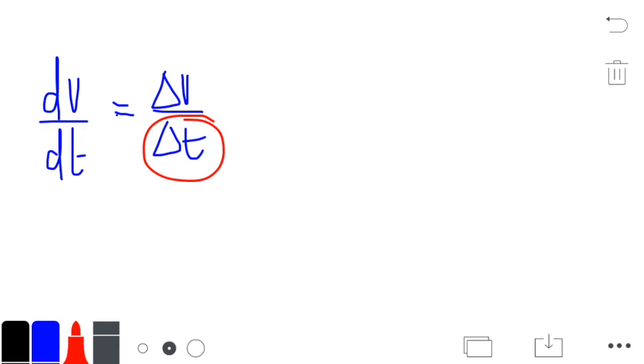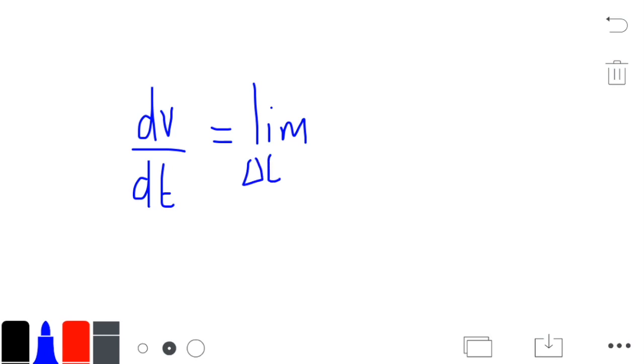And if you remember from calculus, the derivative of the velocity with respect to time equals the limit as delta t approaches 0 of dv dt.